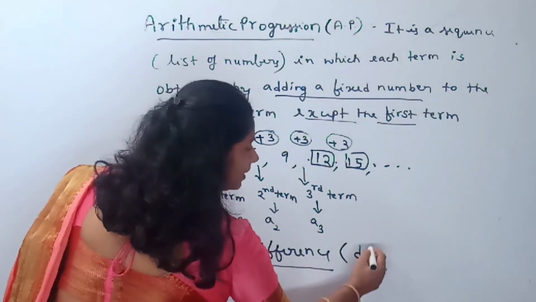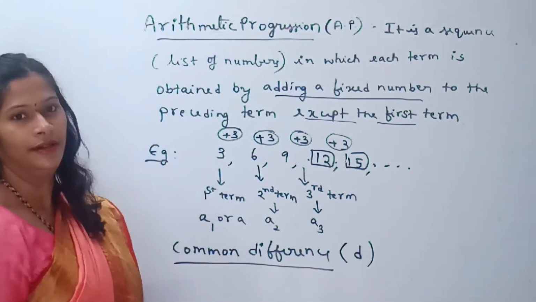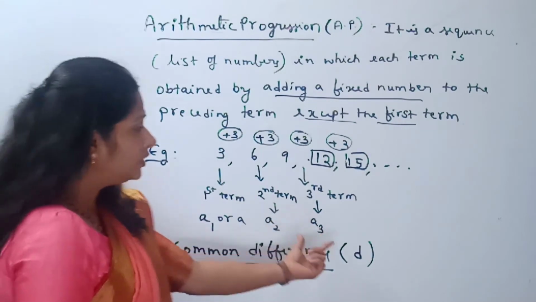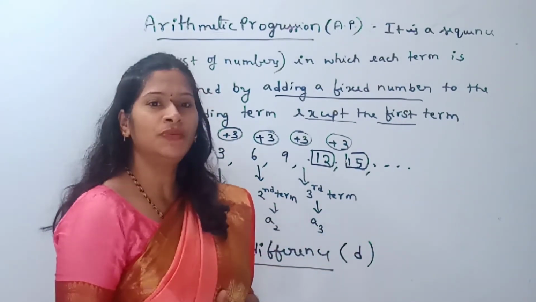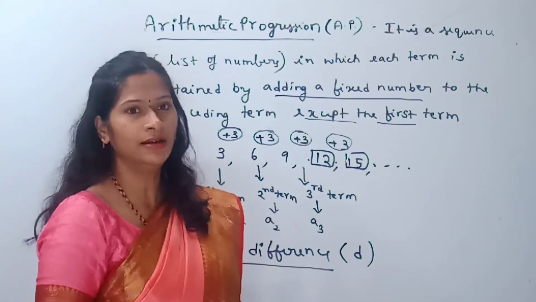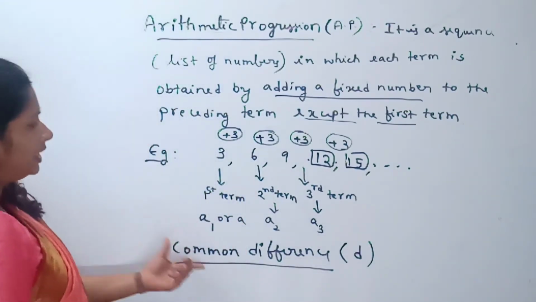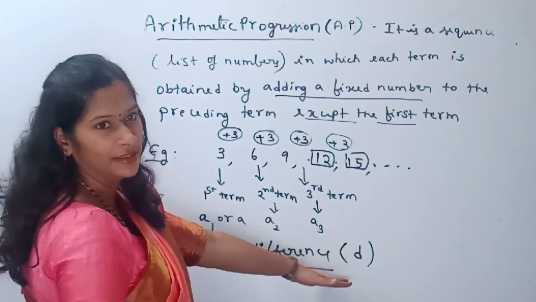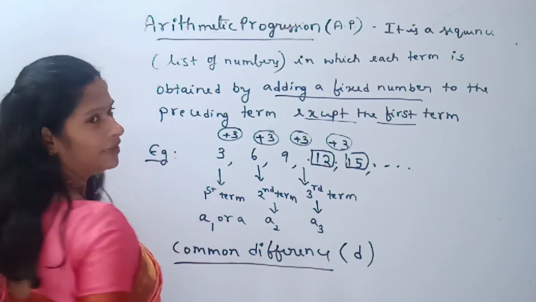It is denoted by the symbol small letter d. This d may be a positive value, it may be a negative value, or it may be 0. Is it clear? So now, how will we get this common difference? How to find this common difference?